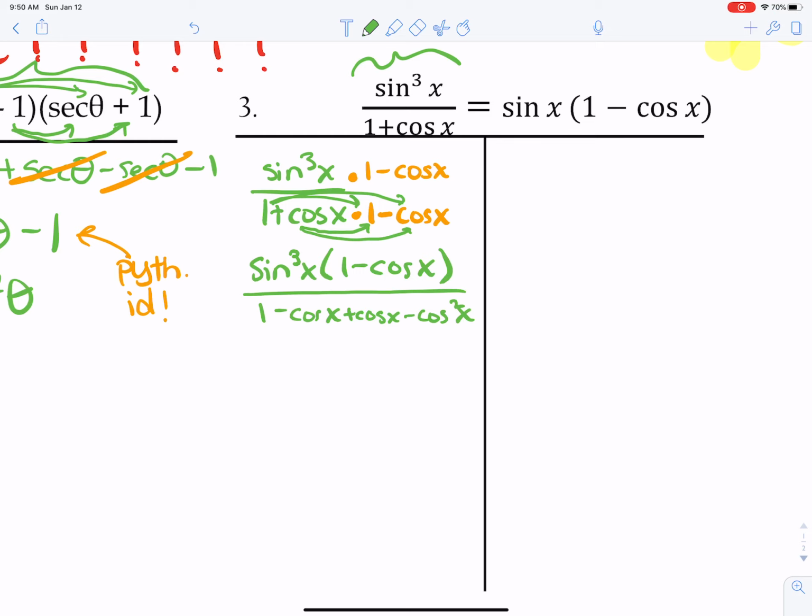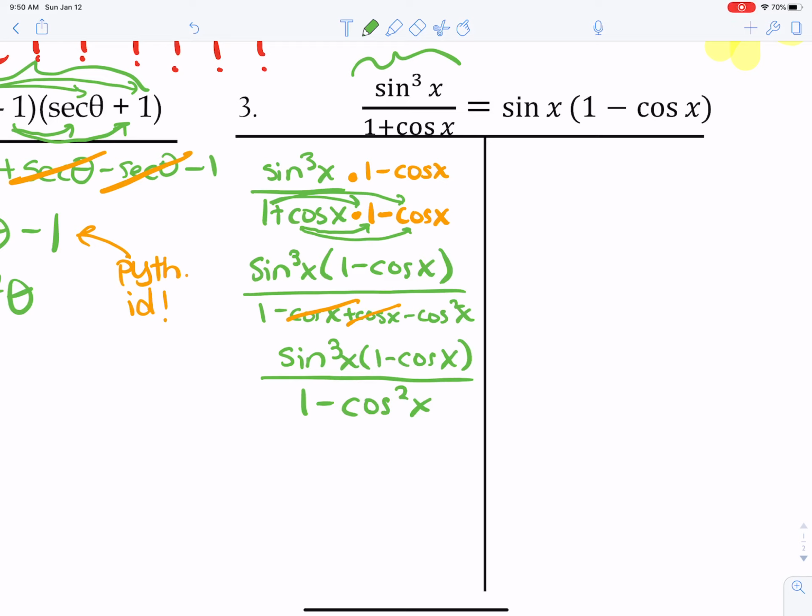When we simplify the bottom, just like the previous example, the cosine x and negative cosine x cancel. So you end up with sine cubed x, 1 minus cosine x. And if you know that the answer is 1 minus cosine squared x without multiplying and foiling it all out and writing all the terms, that's perfectly fine as well.